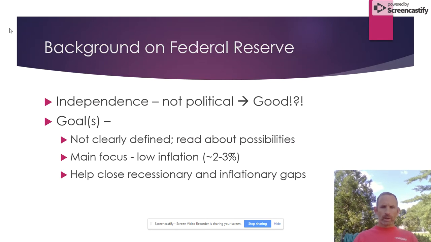So a little more on the Federal Reserve. The Federal Reserve is the branch of government that operates monetary policy. You read a couple of chapters ago about the structure of the Fed. That's good. Importantly, just a couple of highlights about the Fed here. The important thing I think first is that the Fed is independent.